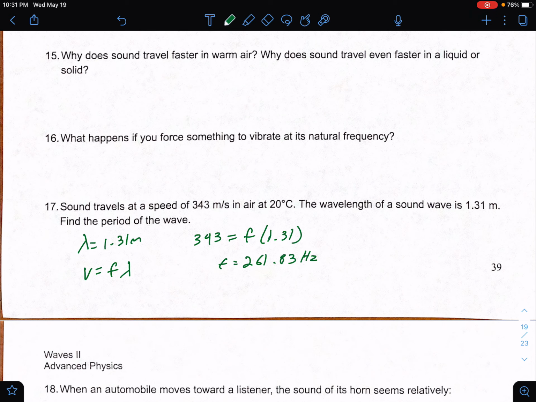If I want to find period, I know T equals 1 over F. So T equals 1 divided by 261.83, and this comes out to 3.82 times 10 to the negative 3 seconds. Or it would just be 0.00382. So whichever one works for you.